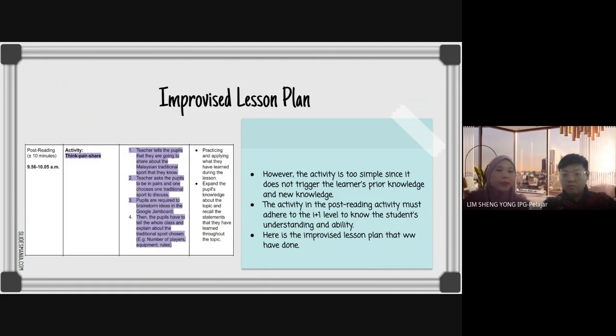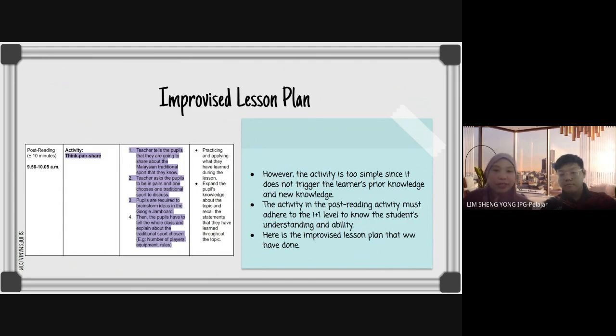On the side here is the improvised lesson plan that we have done. Sorry for the typo.